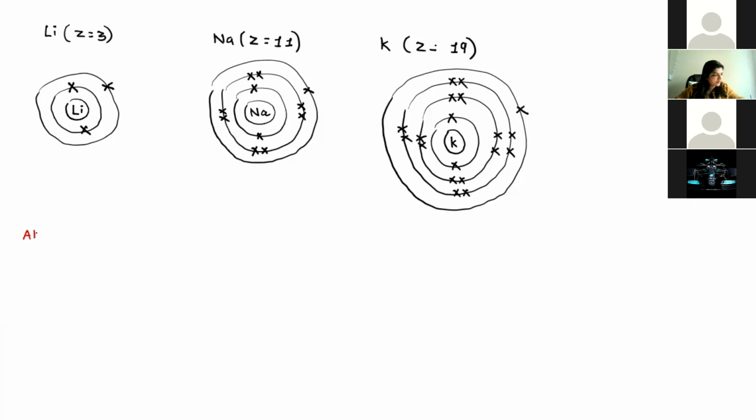The definition of atomic radius: atomic radius is the distance from the nucleus to the outermost electron. So this distance, and this distance.